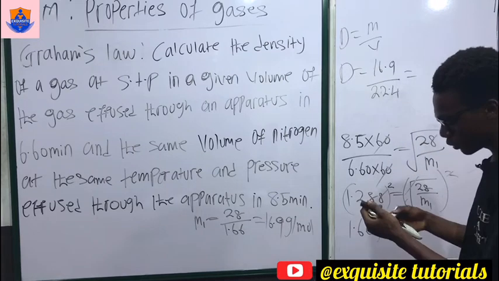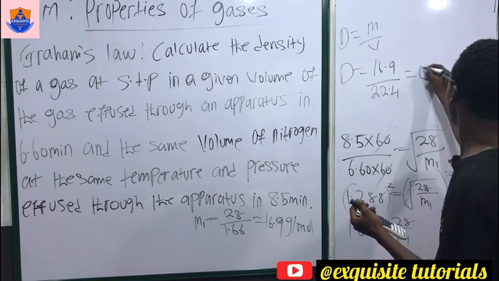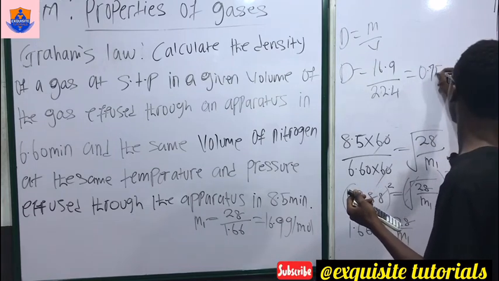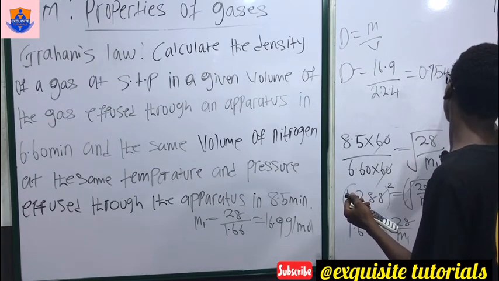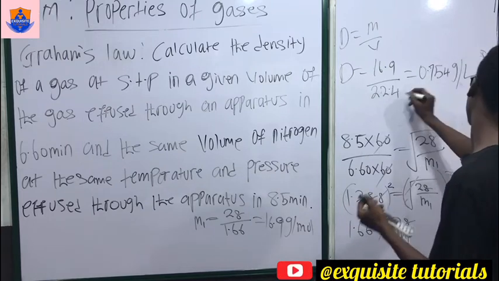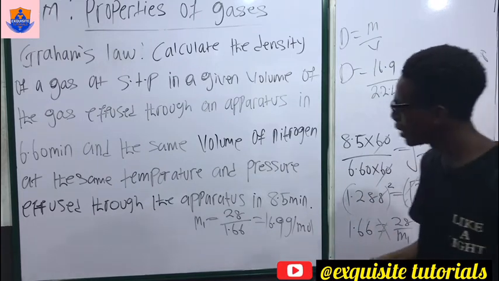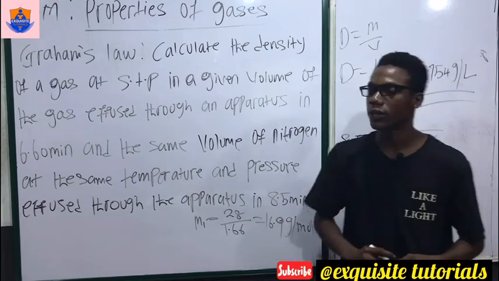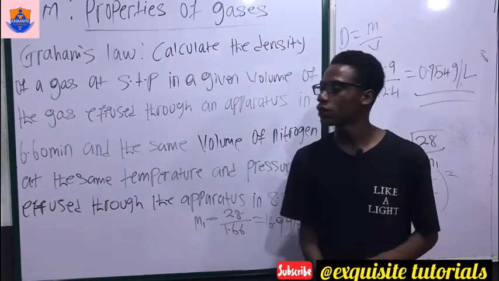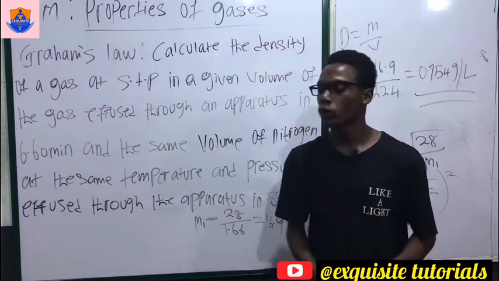So we have it to be 0.754 gram per liter. All right, this is the end of this topic, or the calculation for Graham's law.